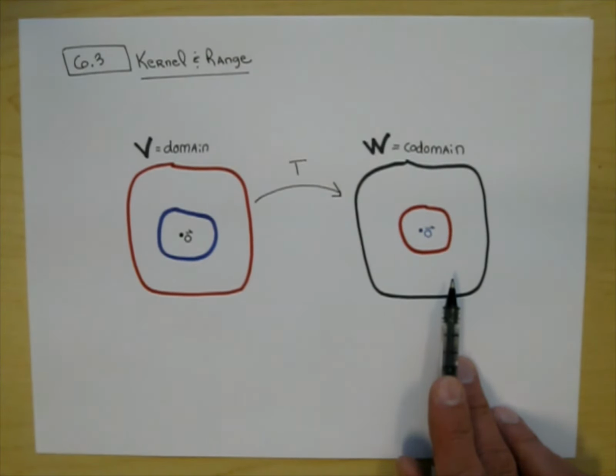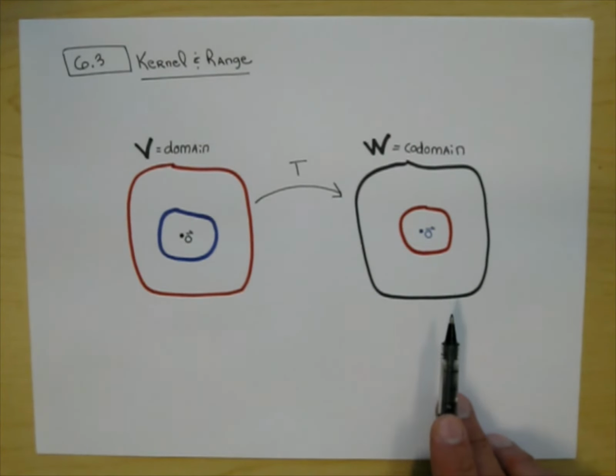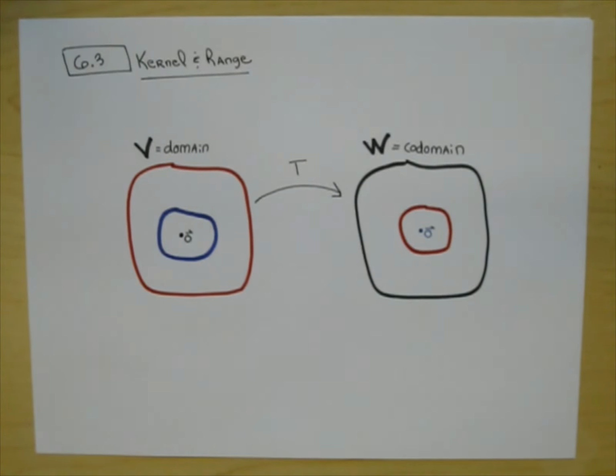And that's what we covered in section 6.1. So we need some definitions of kernel and range. So let me go ahead and get this definition here. This is on your definition sheet.